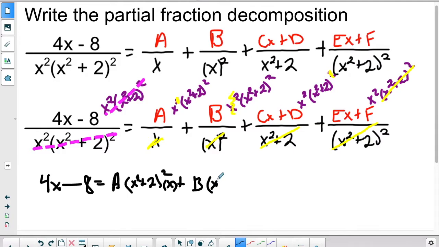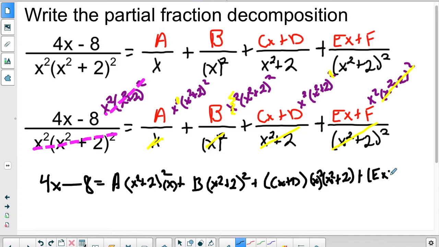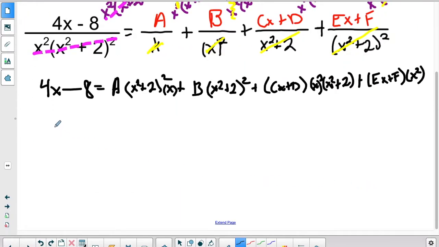For b we'll just have our x squared plus 2 squared, plus cx plus d times x squared plus 2, and this x squared plus 2 plus ex plus f times x squared. So we have all of this here. Now we need to simplify this. I'll try to make this a little bit smaller than how I wrote it the first time.